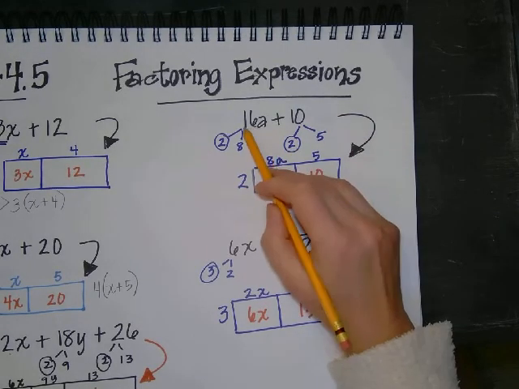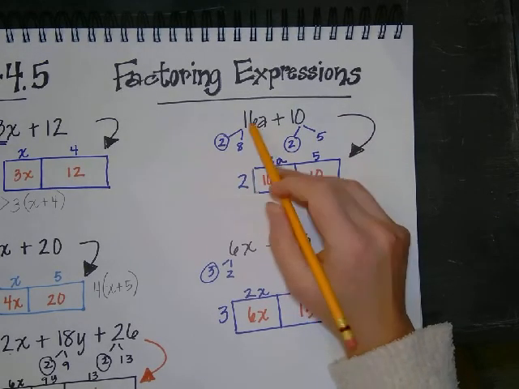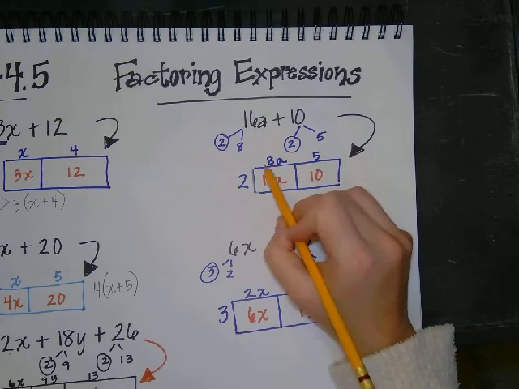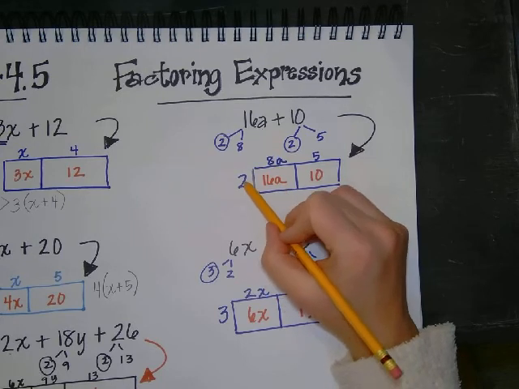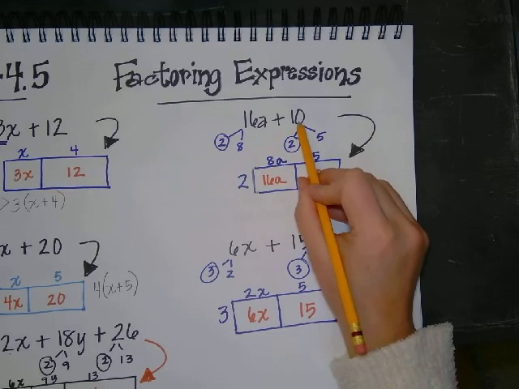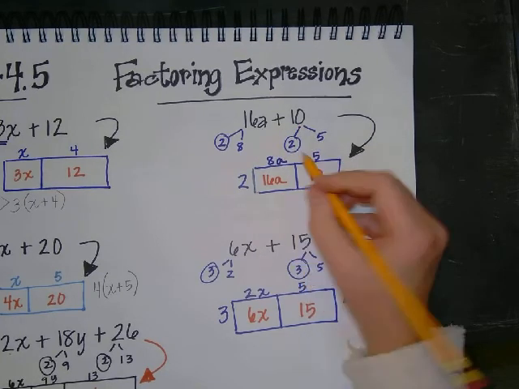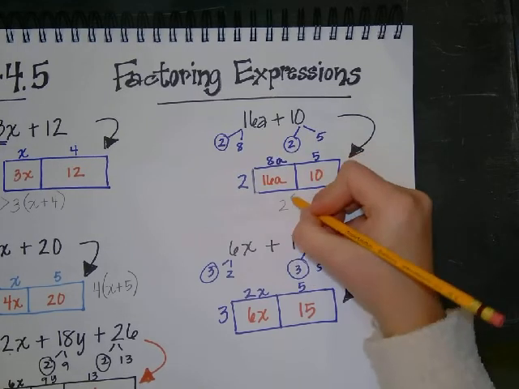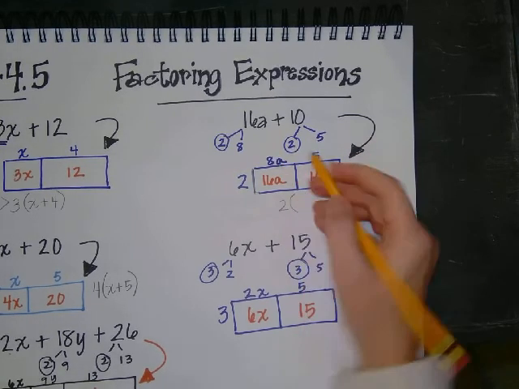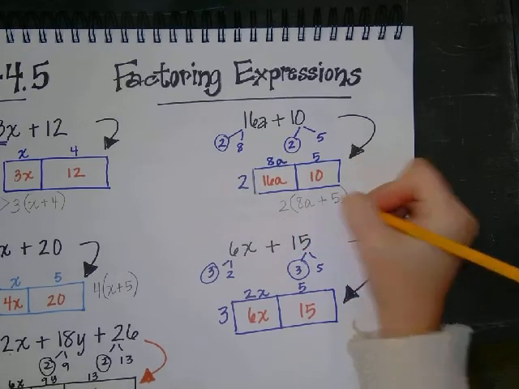Now I have to figure out, what do I multiply by 2 to get 16a? Well, 2 times 8a is 16a. So now I have this part of the other side. And then I have to ask myself, what do I multiply by 2 to get 10? Oh, that's 5. 2 times 5 is 10. So now my factored form is 2 times this quantity, 8a plus 5.